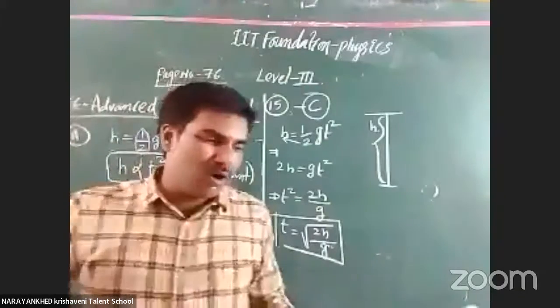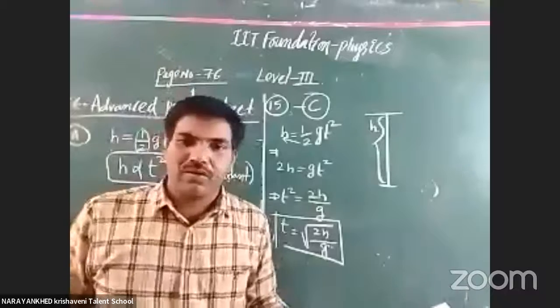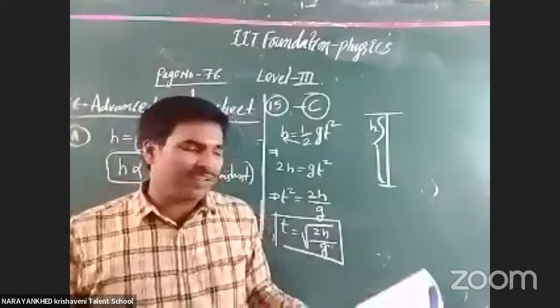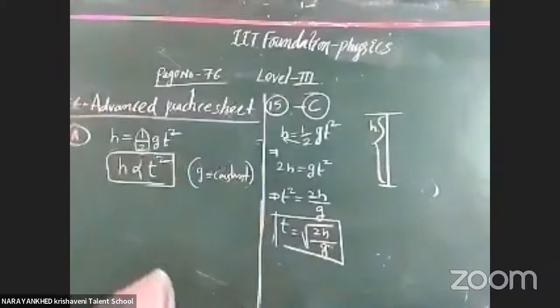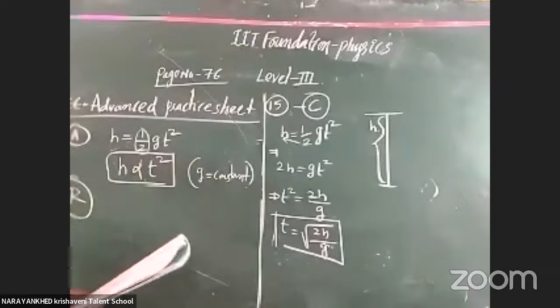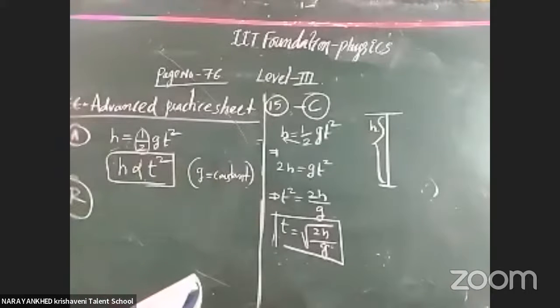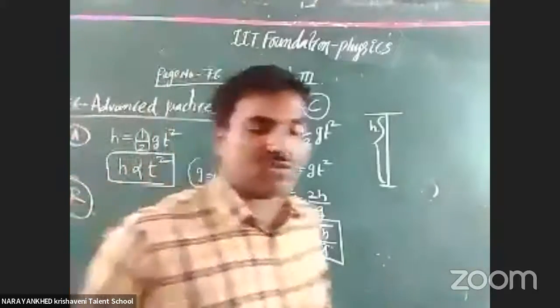And moreover, a body falling freely moves with a constant velocity. Okay, now clear or not, all the students? This is correct, but it is not getting an explanation from the assertion. The reason is correct and the assertion is also correct, but the reason is not a correct explanation of the assertion.